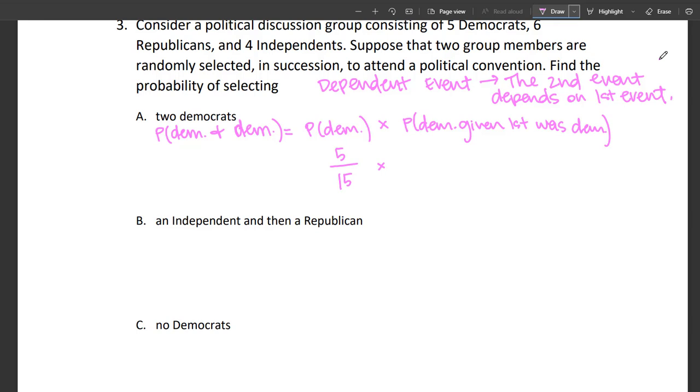Well, if we have already taken 1 out of there, then we only have 4 left. And that also means that if we had 15 people to begin with and we took 1, we only have 14 left. Okay, so we get 20 over 210, and this reduces to 2 over 21.